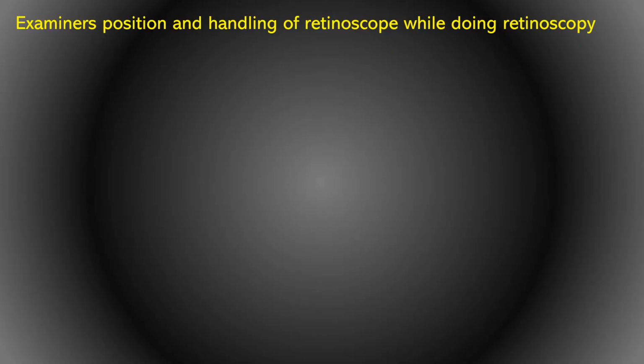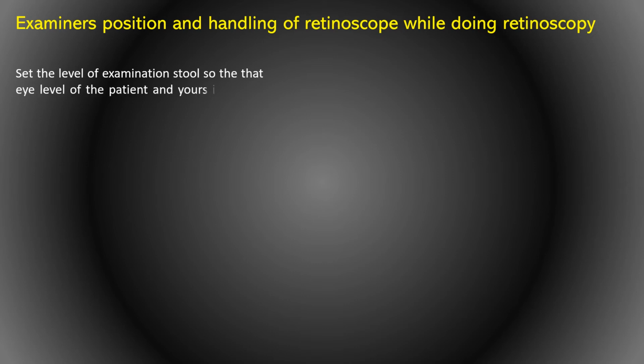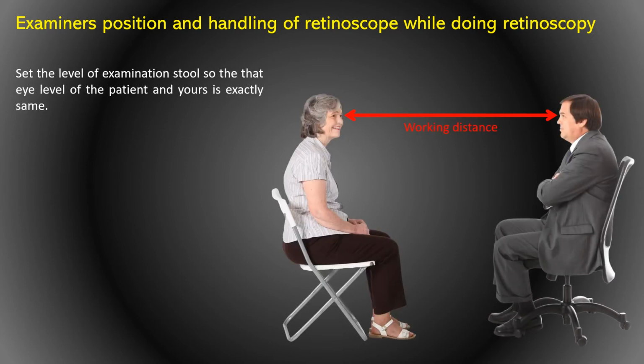Before starting retinoscopy, you should know about the examiner's position and handling of the retinoscope. First I am talking about the examiner's position, then handling of the retinoscope. The points you should keep in mind regarding your position before starting the procedure are: first of all, set the level of the examination stool so that the eye level of the patient and yours is exactly the same.